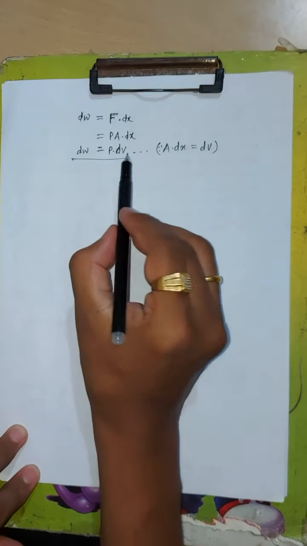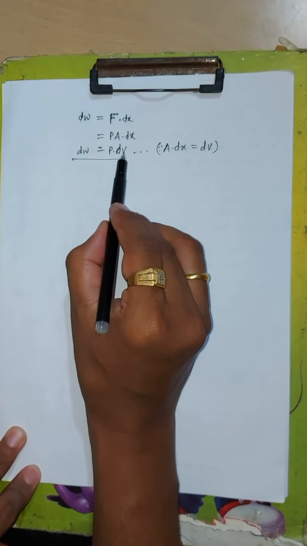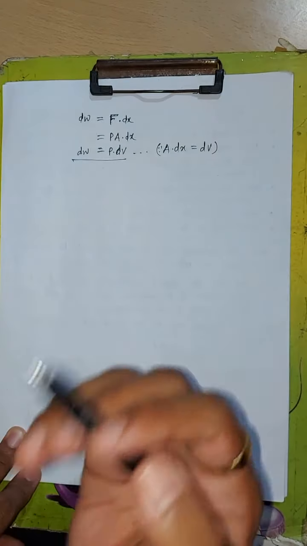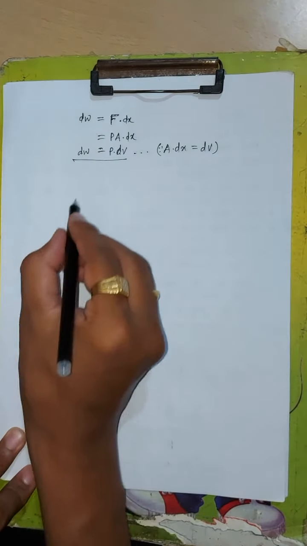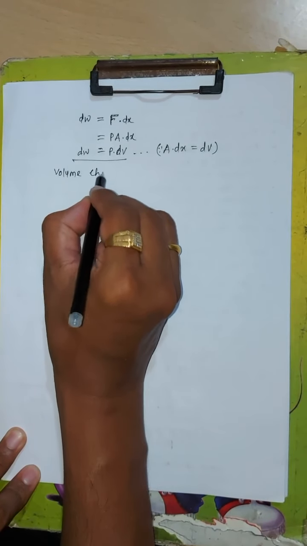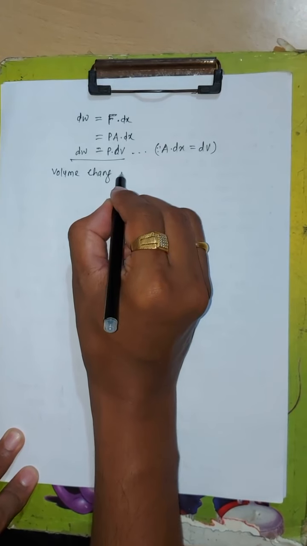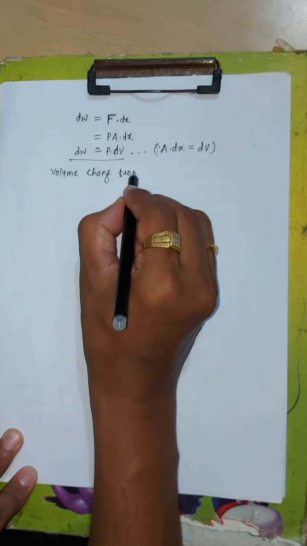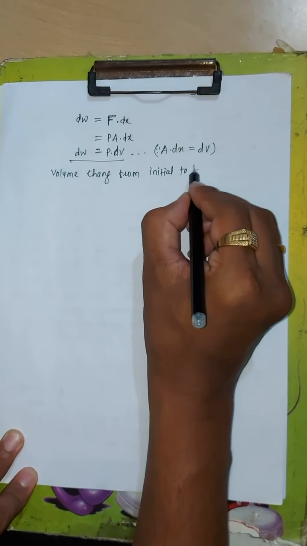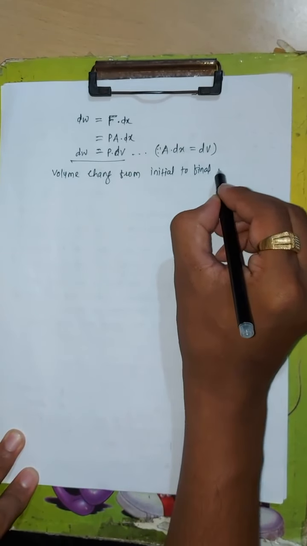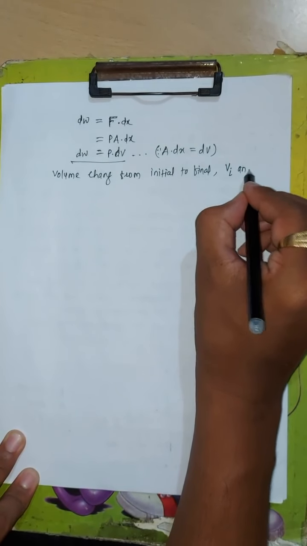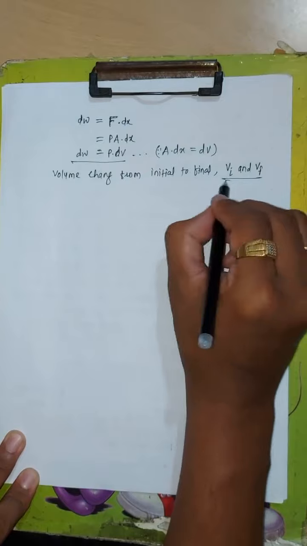If we say that there must be a change in volume, that is dV. So volume can be changes from its initial position to final position. So if we get that particular volume change, and it will be changes from initial to final position. Okay. So initial means it is Vi and final means Vf.